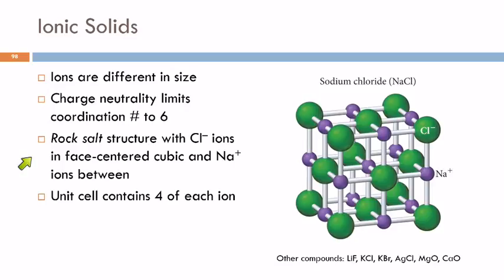In rock salt, you have chloride ions in a face-centered cubic structure, and the sodium ions are fitting into the spaces in between them. So if we look at this side, here's the face-centered cubic structure with the chlorides, and the sodium ions are just in the spaces in between. Each unit cell is going to have 4 cations and 4 anions.